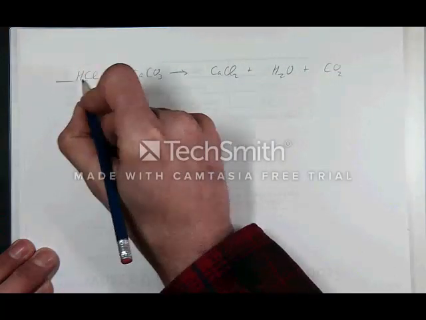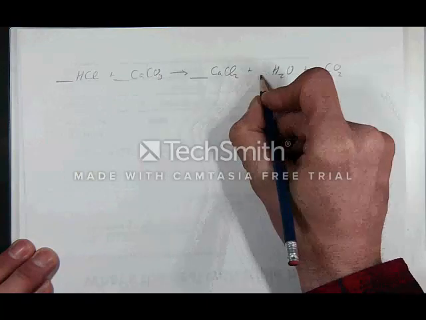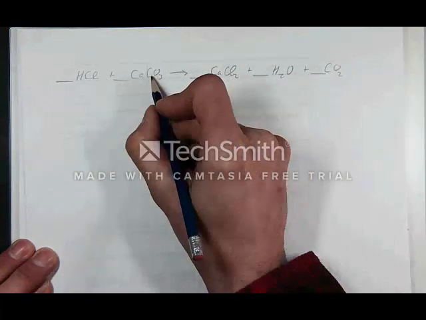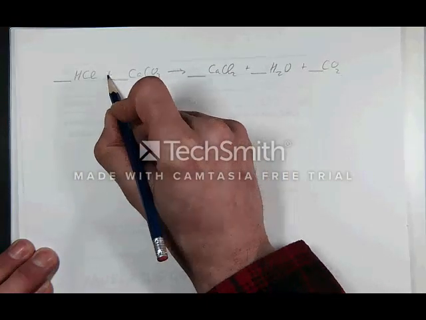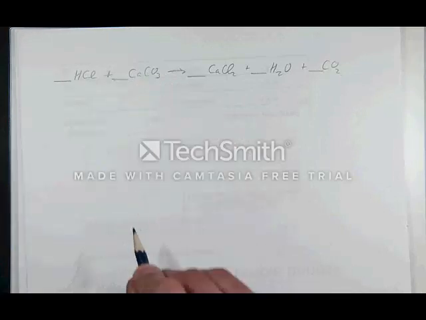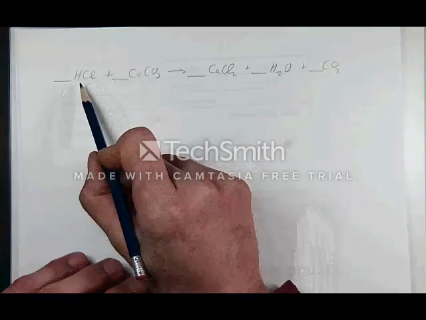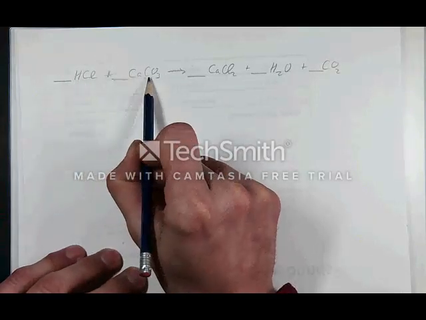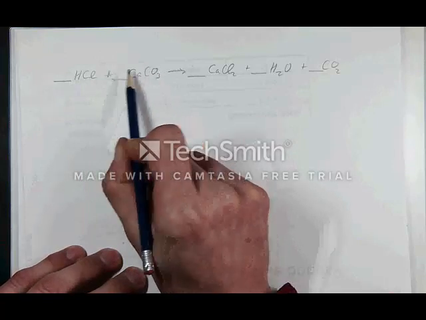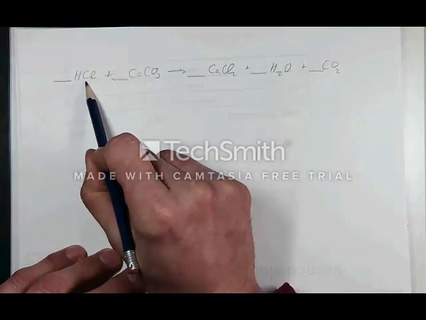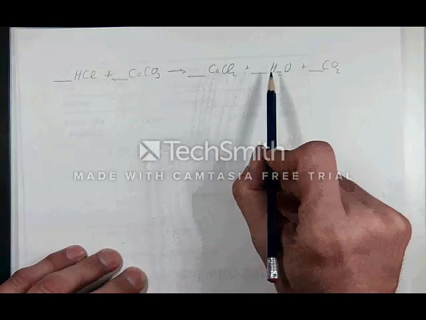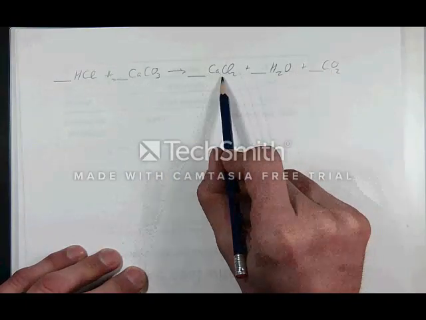This reaction is actually very important as well. Calcium carbonate is one of the chief ingredients in cement or concrete, and carbonates, things that contain the carbonate ion, react with acids, hydrochloric acid in this case, to produce water, carbon dioxide, and a salt.